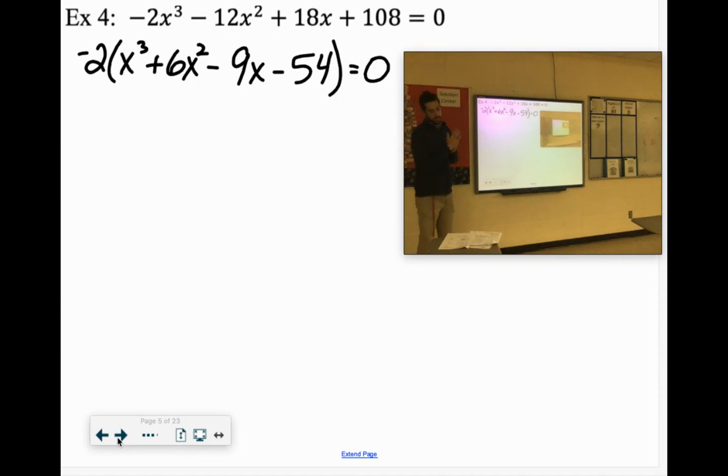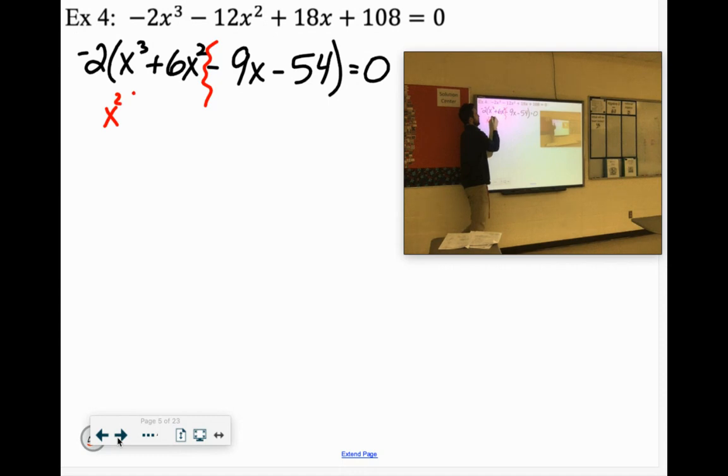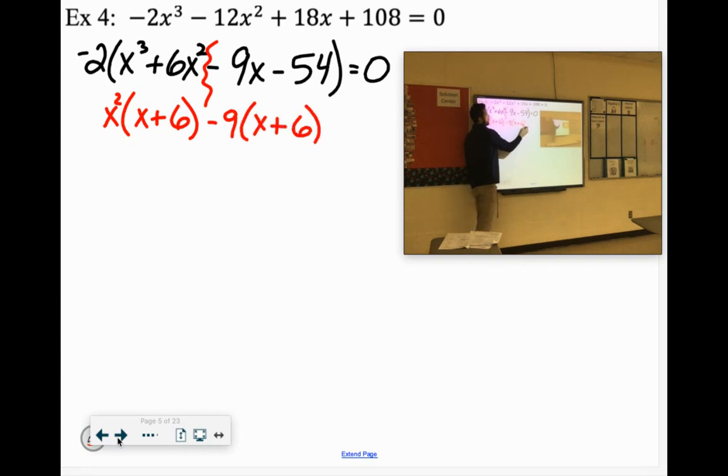So if we were to look at the grouping, these have x squared in them, which would leave you with x plus 6. If we kick out a -9, we're left with x plus 6.